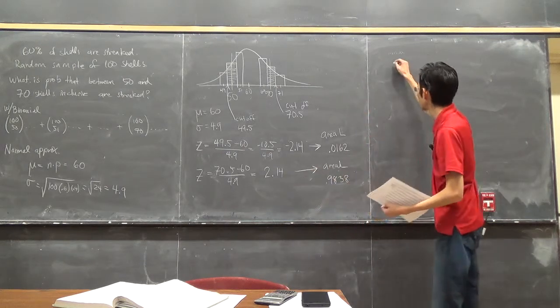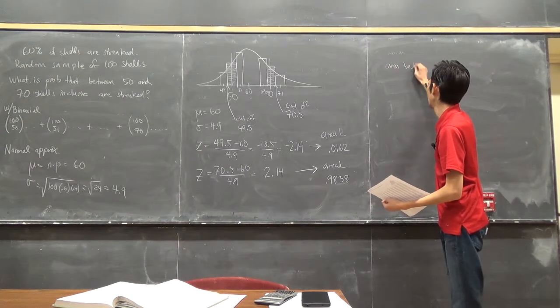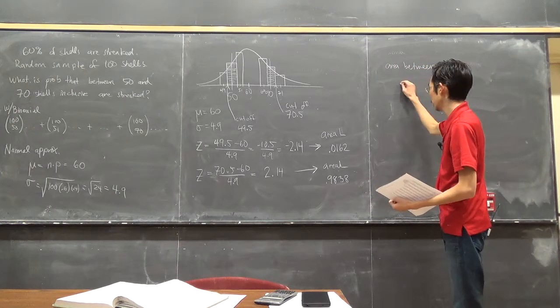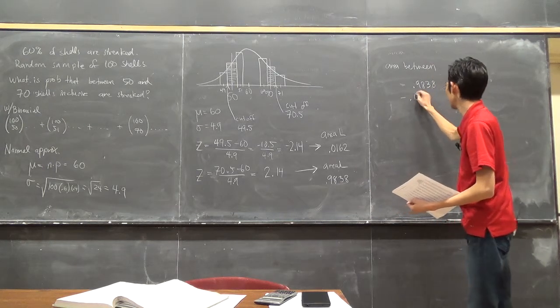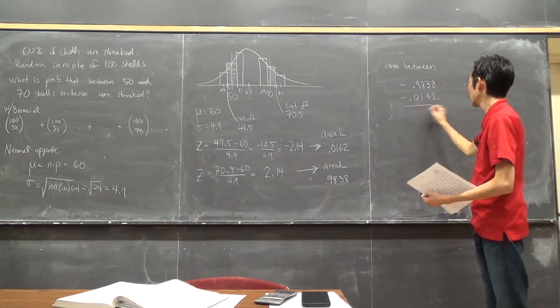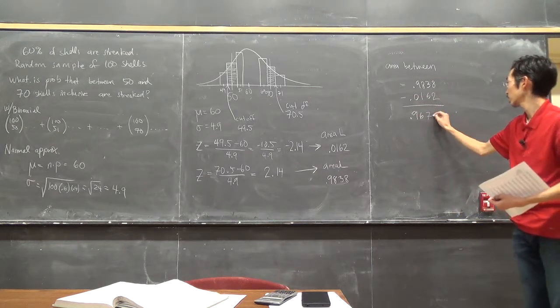So the area between, what I want, would be 0.9838 minus 0.0162, and I would get 0.9676.